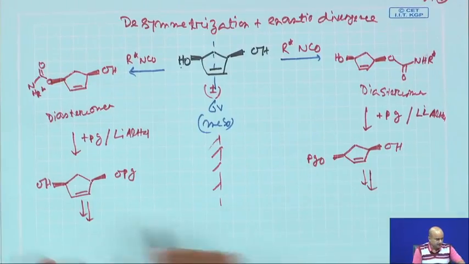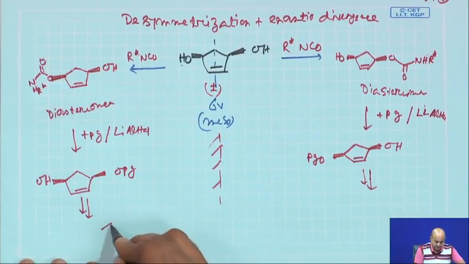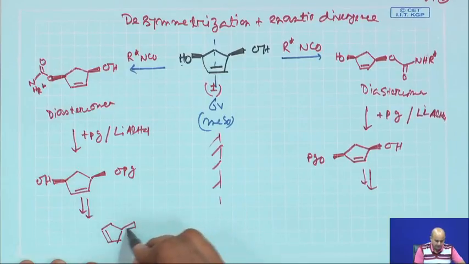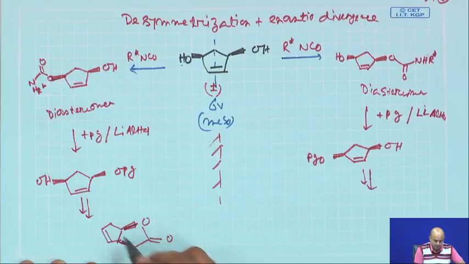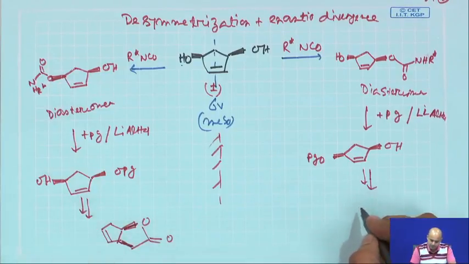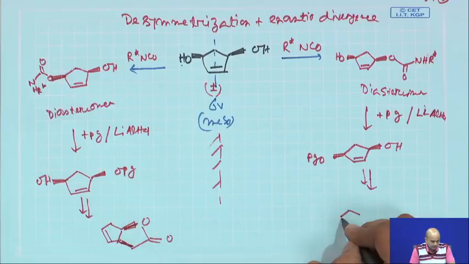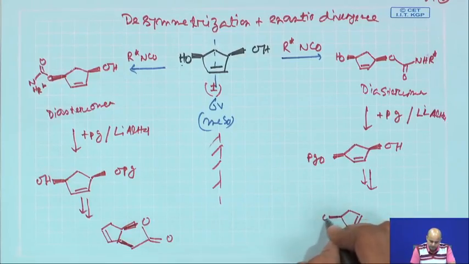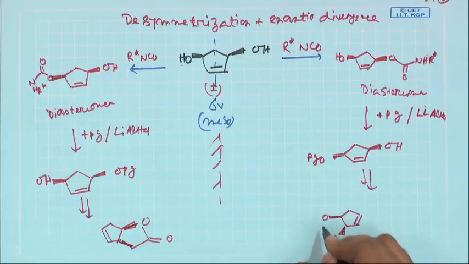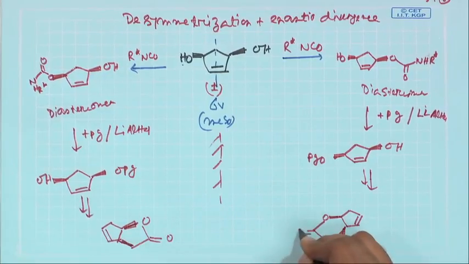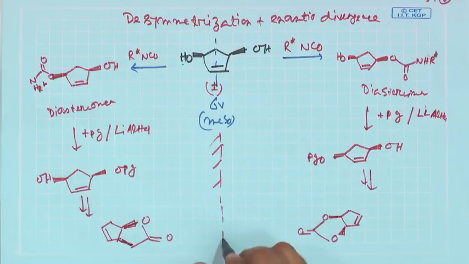Eventually this whole pathway leads to a series of reactions, and you can take it as a home assignment how both of these enantiomers can be converted to this lactone. From this compound you get this lactone and from this compound you get this lactone, and these lactones are mirror images of each other.